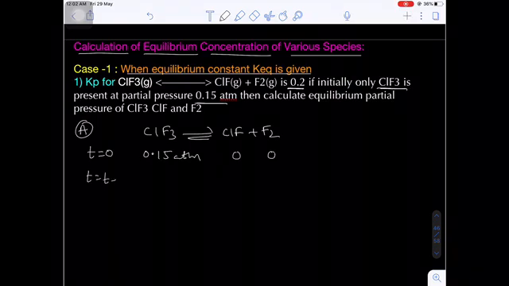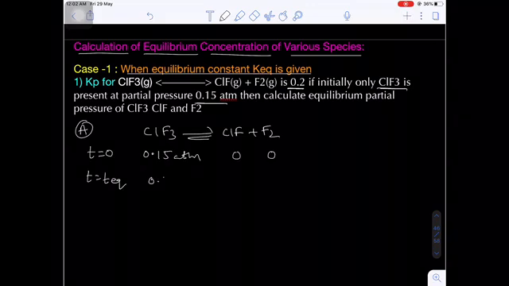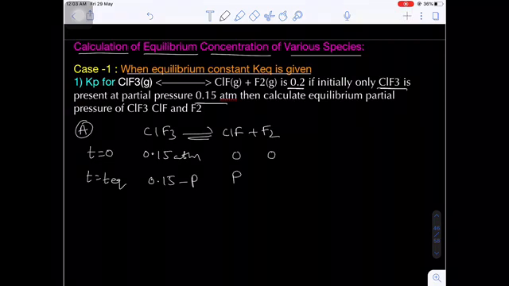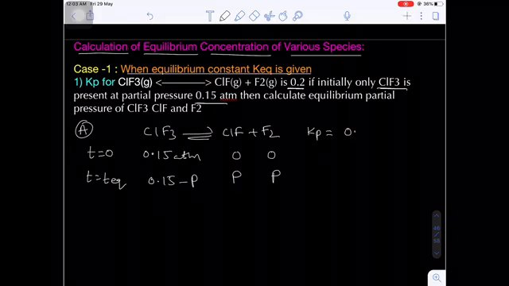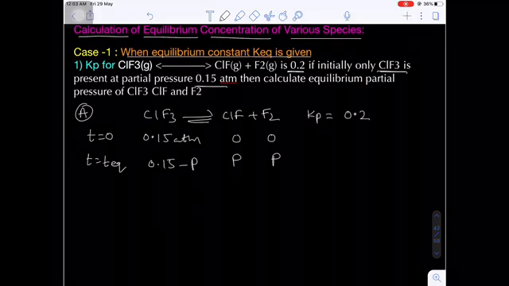When the reaction tends to equilibrium, suppose out of the 0.15 atm, P atm decomposes. When P atm decomposes, P atm ClF and P atm F2 gases will be formed, and the Kp value given in the question is 0.2.